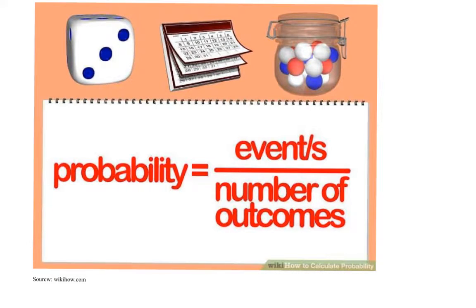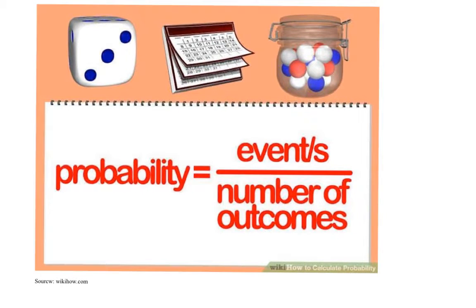In all of these problems, we're calculating the theoretical probability, and the way that you find a probability is taking the number of times the event happened that you're trying to find the probability for over the number of outcomes.